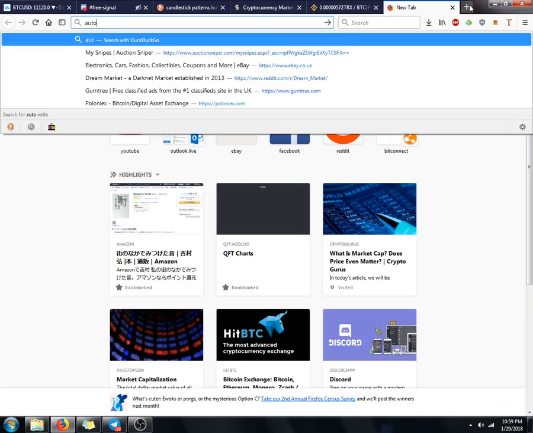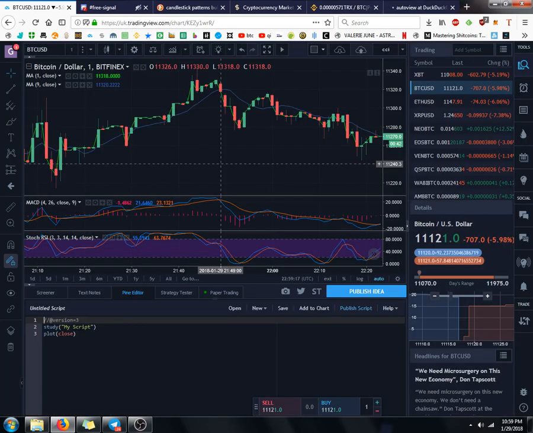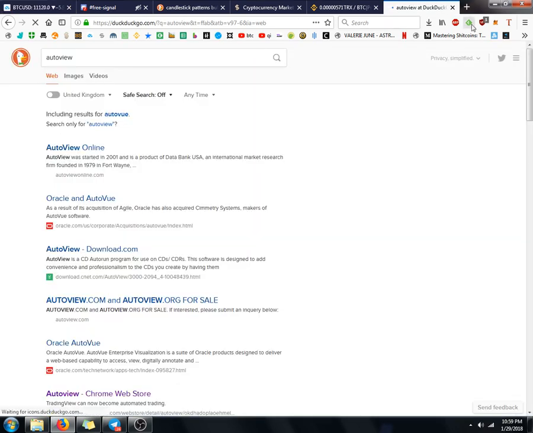I came across this bot, I think it's called AutoView. What AutoView does is, if you have a script that sets an alarm off at this time, it will place a buy order on whatever market you want, and it's actually a Chrome extension.